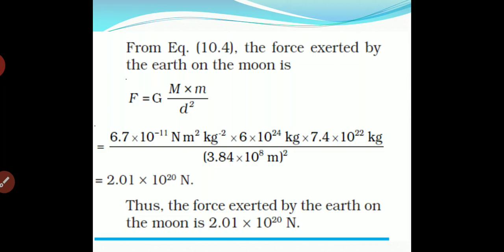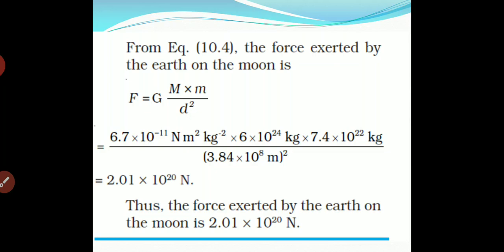Substituting all the values we have, of capital G, capital M, which is the mass of the Earth, small m, which is the mass of the moon, and D, the distance. But mind that the distance D is squared, so we have to take 3.84 into 10 raised to 8 meter whole square.